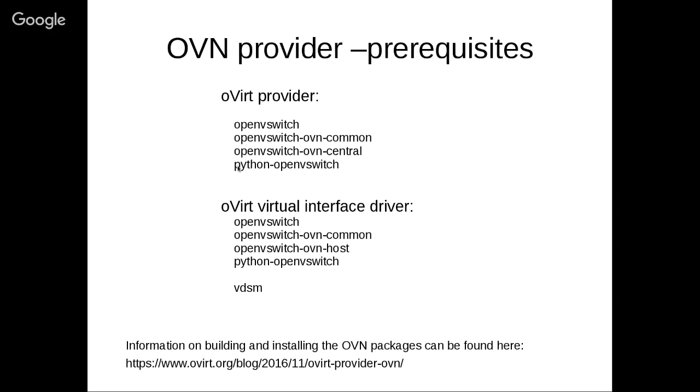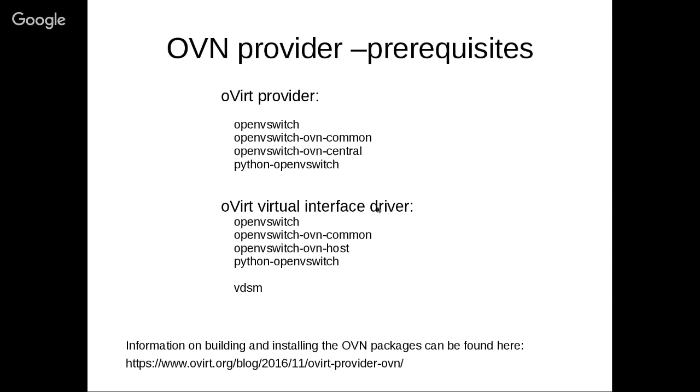On the provider, it's Python Open vSwitch and the OVN Central packages, OVN Central and OVN Common, as well as Open vSwitch. The provider does not have to be installed on the same host as either oVirt engine or the OVN Northbound database, but these packages are anyway required to be able to connect to this database.